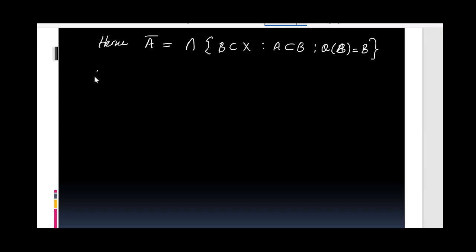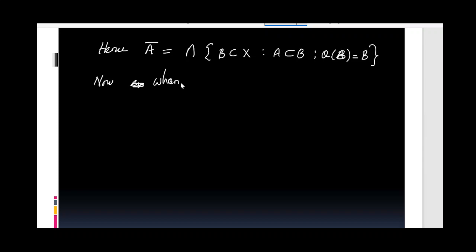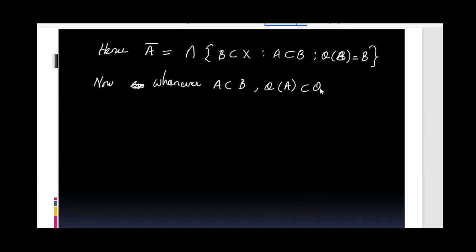Now whenever A is a subset of B, theta of A is contained in theta of B, the reason being monotonicity.